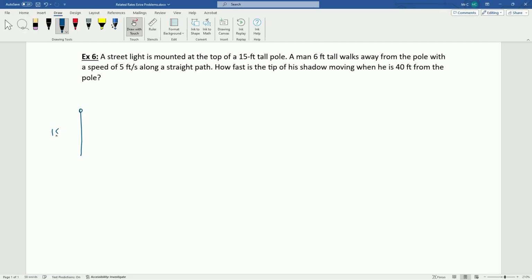This is our 15-foot tall pole. And somewhere down the way is a person who's about 6 feet tall.